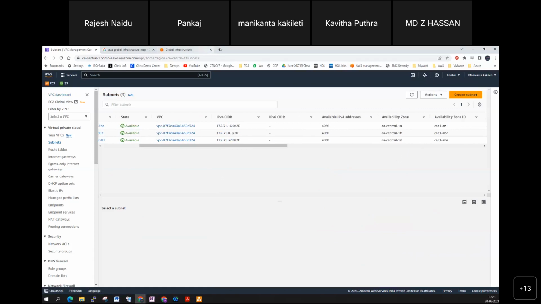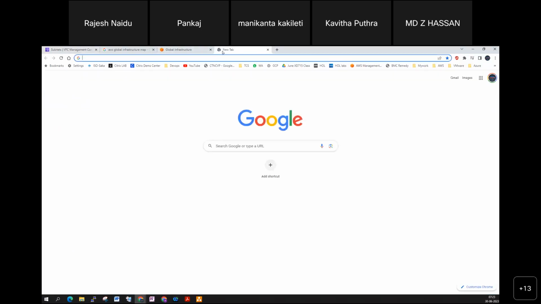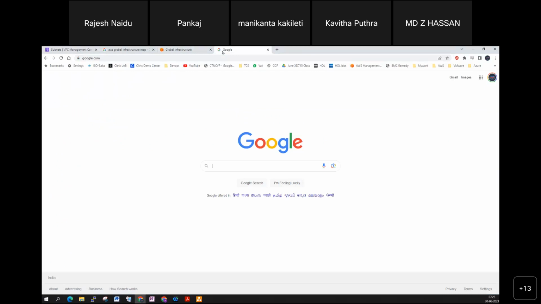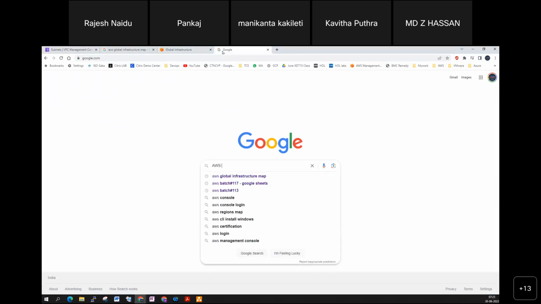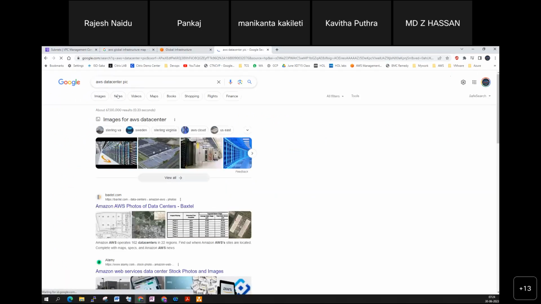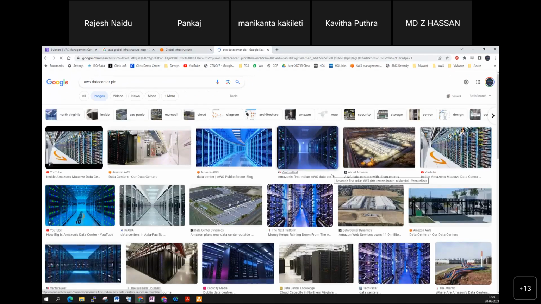Mostly people don't know the meaning of data center. You can check the picture here. See guys, this is a data center.